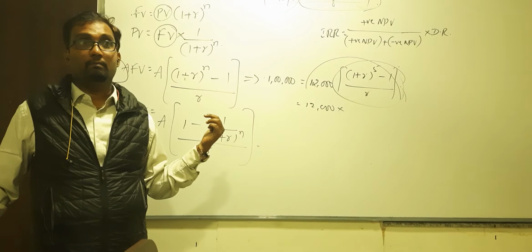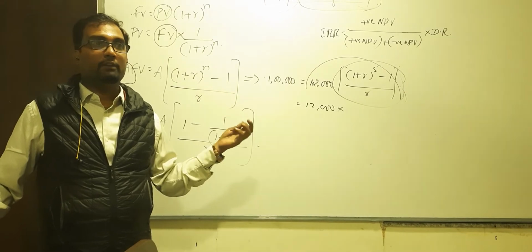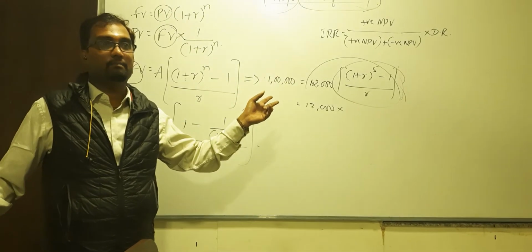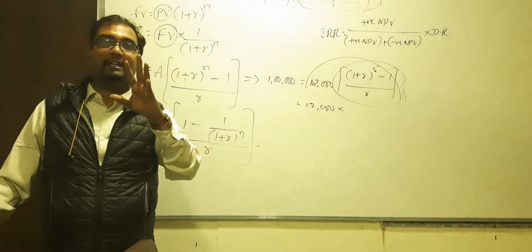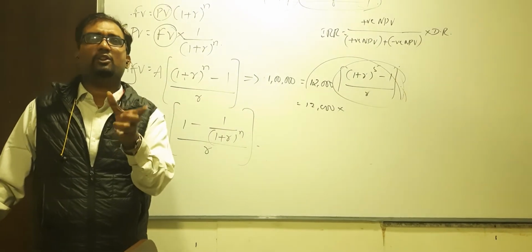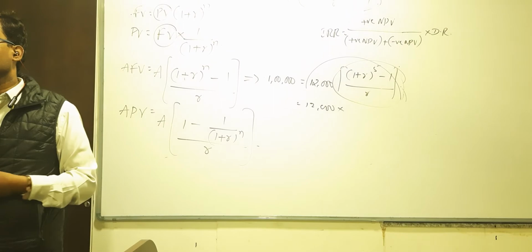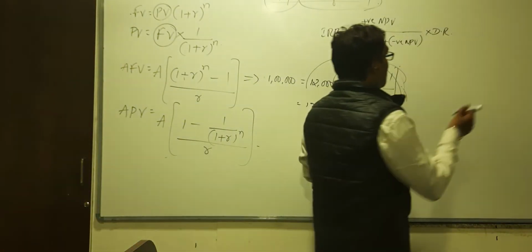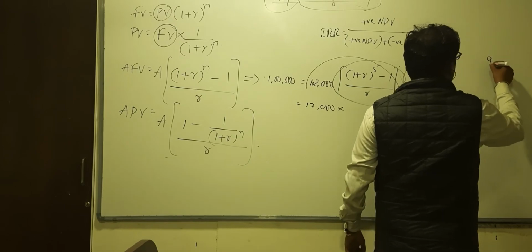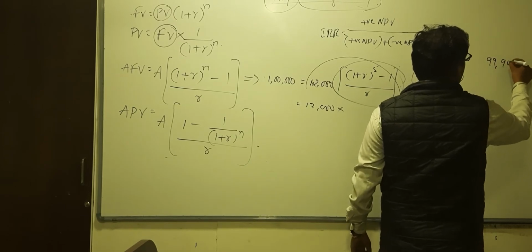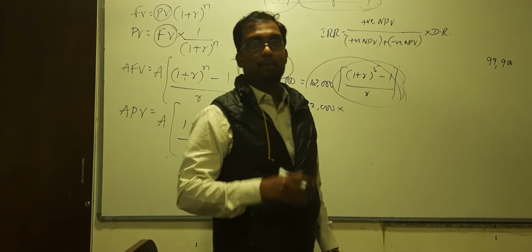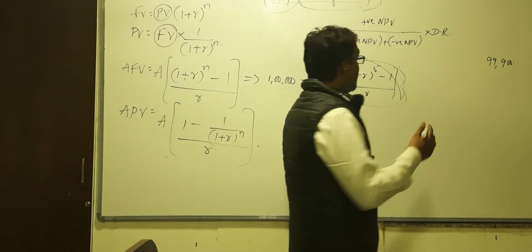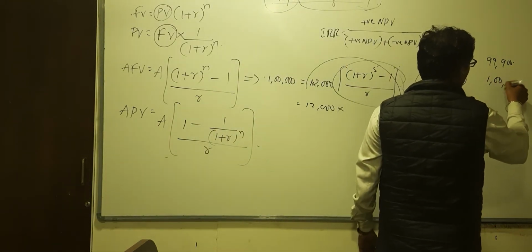If you calculate the IRR, it is between 25% and 26%. That's the answer. At 25% you will get exactly less than 1 lakh rupees, very close to 1 lakh. At 26% you will get more than 1 lakh. Say, for example, you get 99,900 at 25%, and at 26% you get 1 lakh 400.